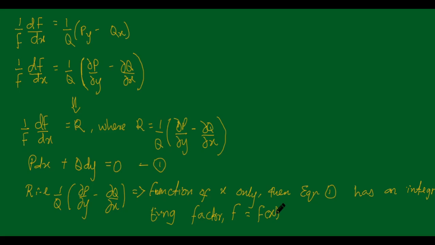So it means when we assume f to be a function in x only, we arrive at an equation 1 over f df/dx is equal to r, and r is equal to 1 over q multiplied by the partial derivative of p with respect to y minus the partial derivative of q with respect to x. So in evaluating r, if we get a function in x only, mathematically, what we now have is this. We have that 1 over f df/dx must be equal to r, which is a function in x only.